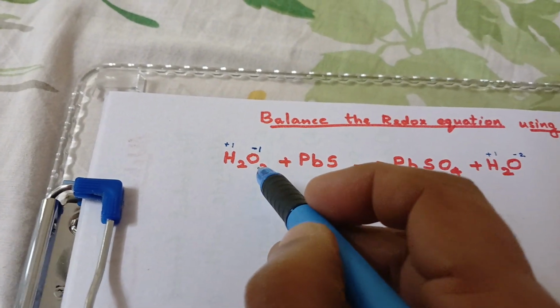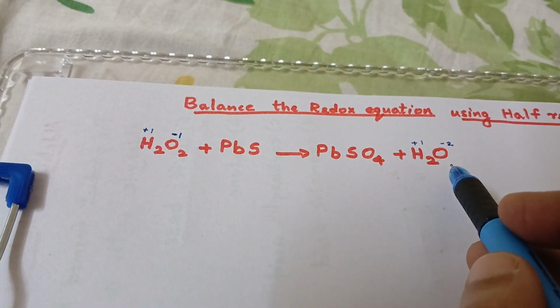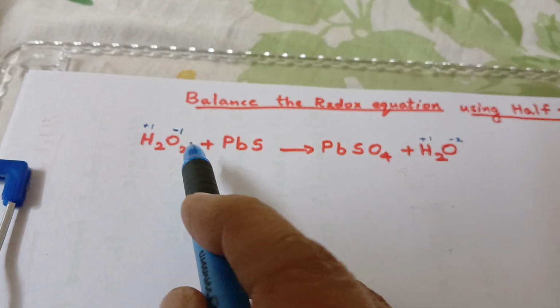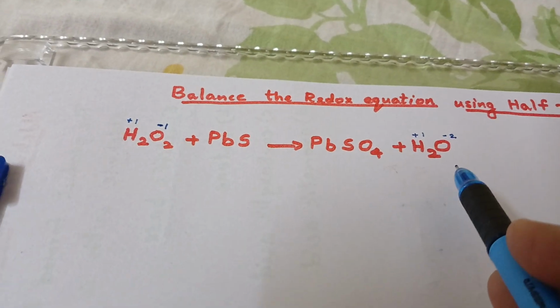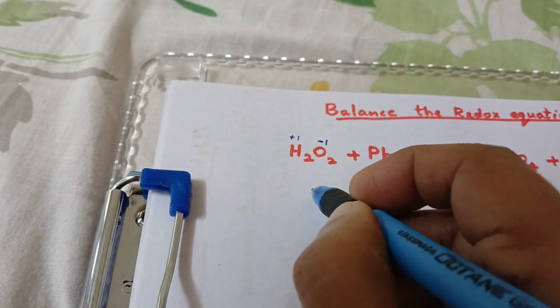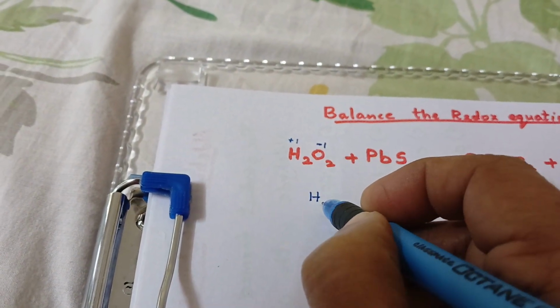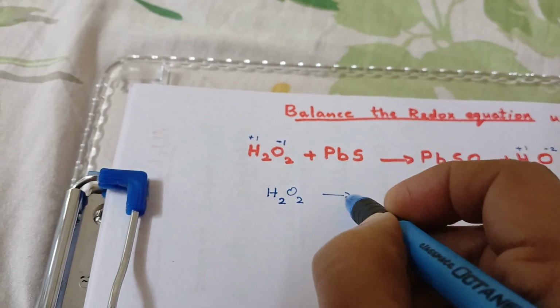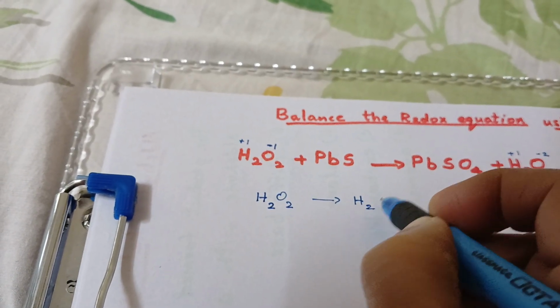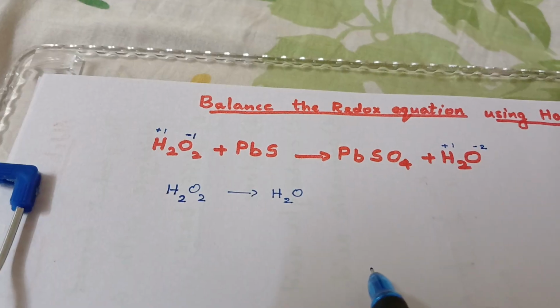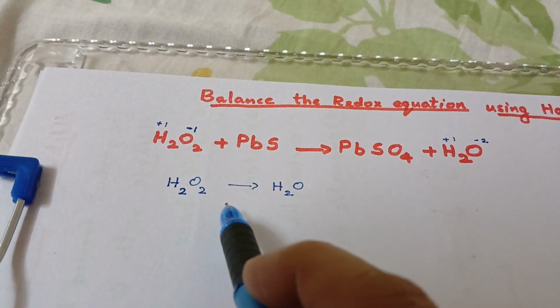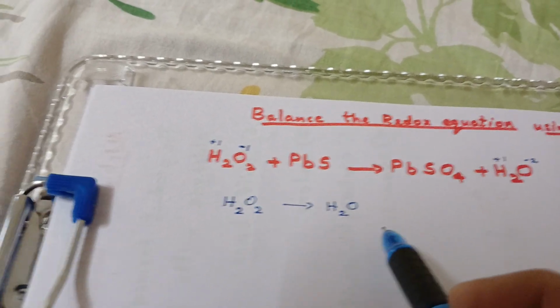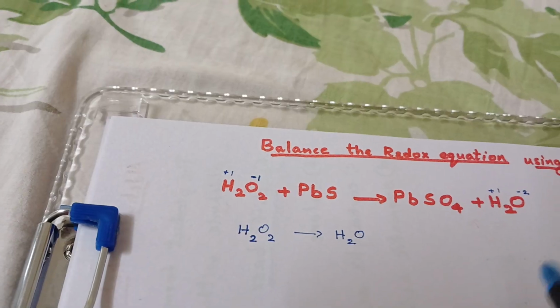So the oxidation number of oxygen is changing from -1 to -2. So this is a reduction half reaction, that is H2O2 giving H2O, because the oxidation number of oxygen is getting reduced from -1 to -2.